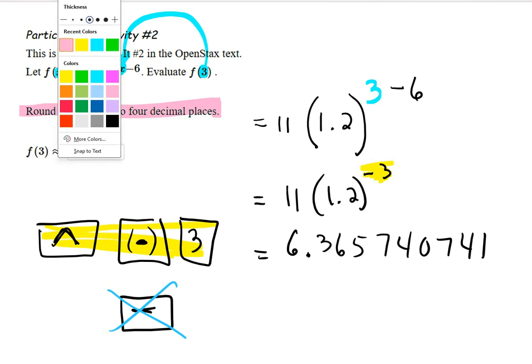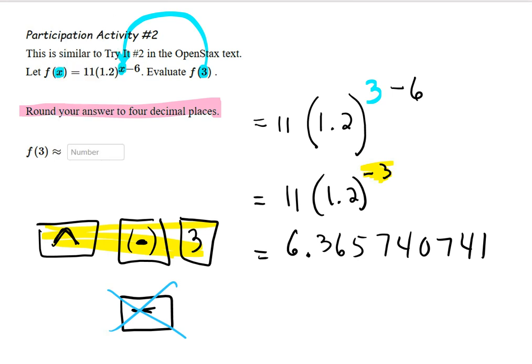Okay, 4 decimal places means it's 1, 2, 3, 4 numbers to the right of the decimal point. So it's the 7 you're going to round. Now, that 7 may stay a 7 or it might go up to an 8, and you have to look at the next number. Since this is just a 4, it's going to stay at 7. If that were a 5, 6, 7, 8, or 9, you would round up to the 8.